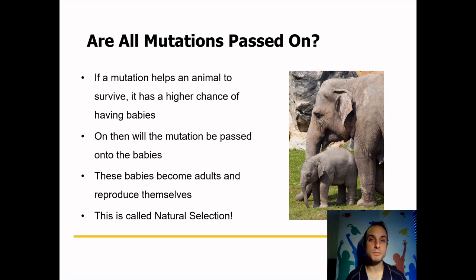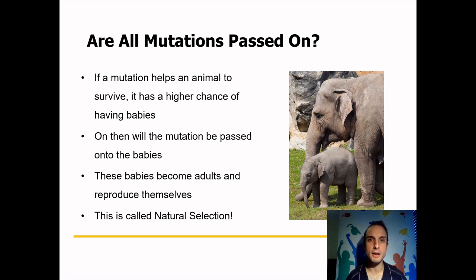So really negative mutations, or mutations that are harmful to the animal's chance of survival, do not get passed on. Those that help the animal survive, those that are beneficial, means that the animals that have the mutation, so the really, really fast cheetahs, are more likely to survive, they're more likely to reproduce, and they're more likely to pass on those really, really long legs to their offspring. And then slowly over time, really, really long legs are seen throughout the environment.